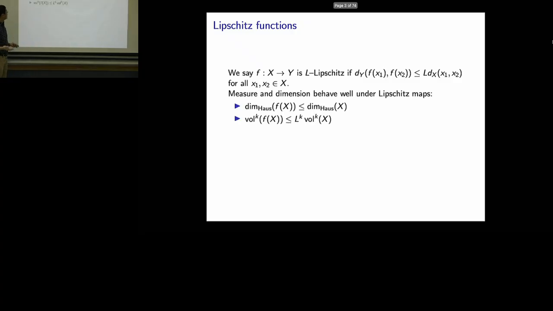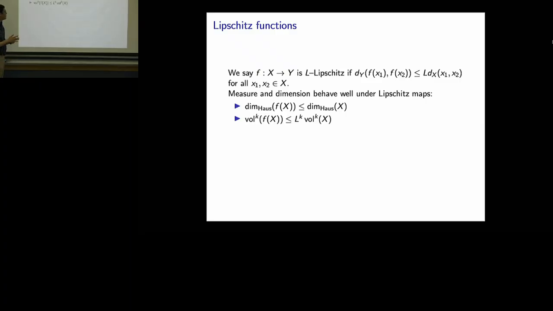But also, it affects measure and dimension in a nice, straightforward way, in the sense that if you have a domain with a bound on the Hausdorff dimension, then the Hausdorff dimension of the image is smaller than the Hausdorff dimension of the domain. And the Hausdorff measure of the image scales according to the dimension and the Lipschitz constant.